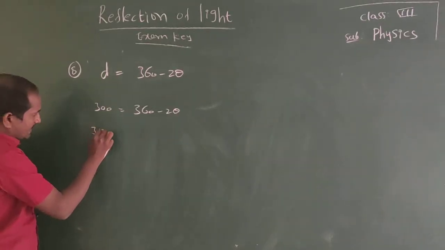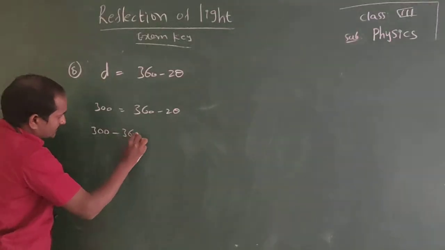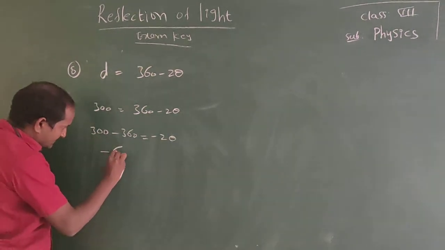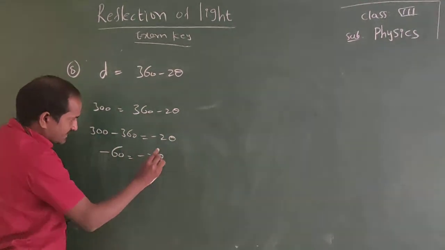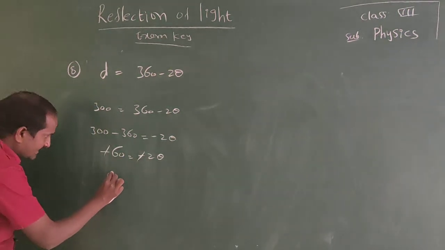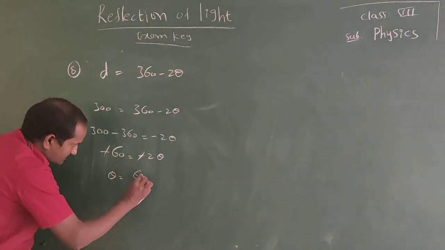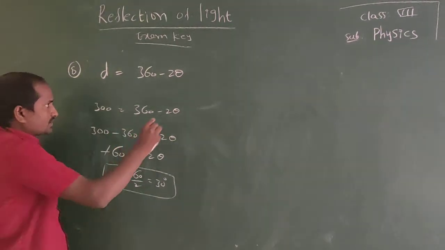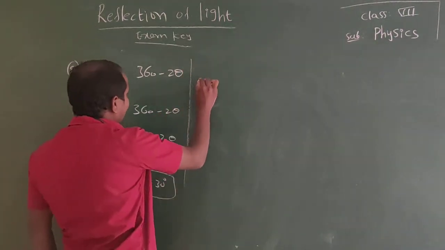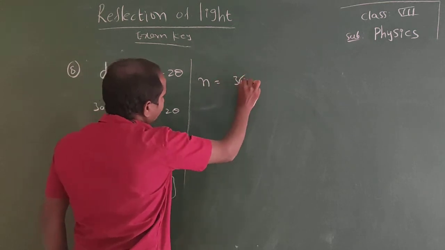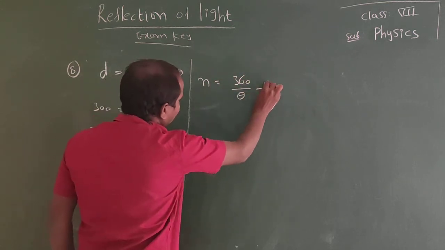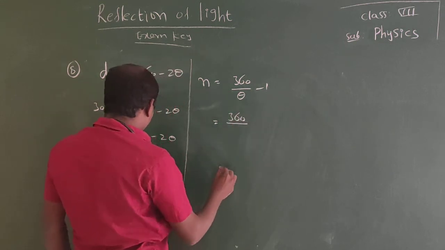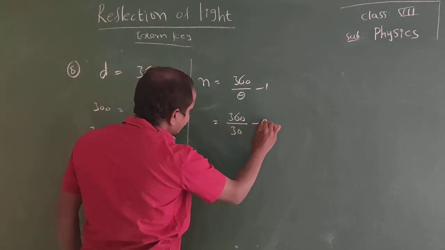Coming to this side, 300 minus 360 equal to minus 2 theta. So minus 60 is equal to minus 2 theta. Minus minus cancel, theta equal to 60 by 2, that is 30 degrees. Then number of images n equal to 360 by theta minus 1, that is 360 by 30 minus 1.